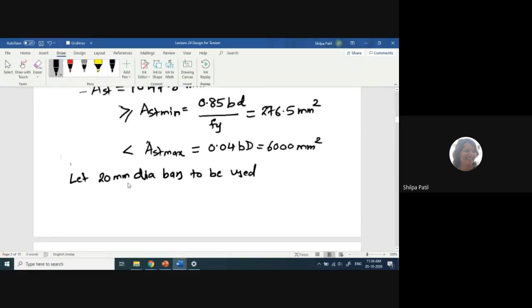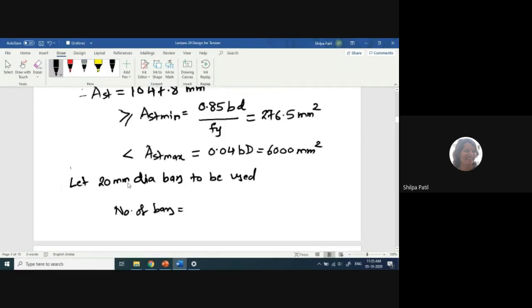So the number of bars I can find out here as: what is the AST value? 1047.8 divided by the area of the single bar, pi by 4 d square. 3.33. So approximately 4 bars.